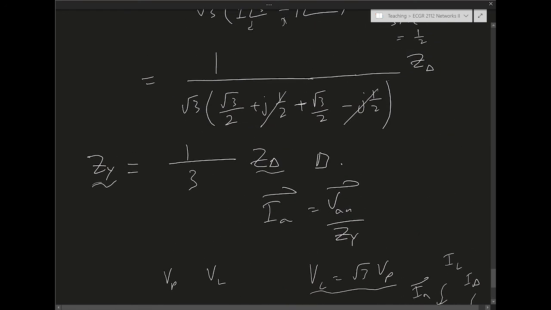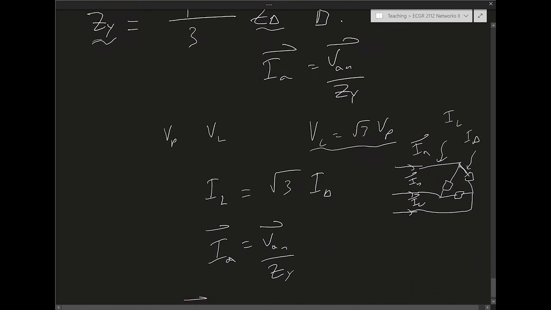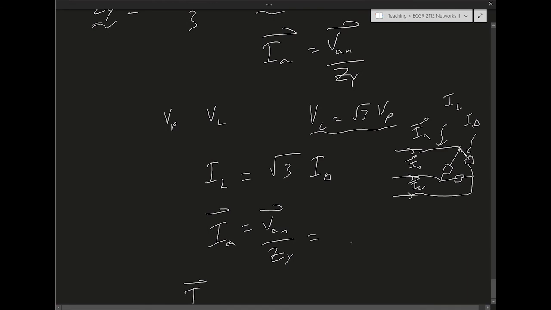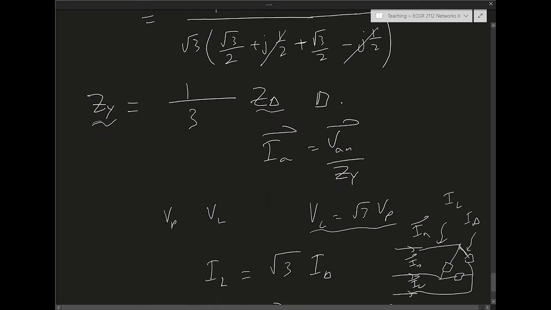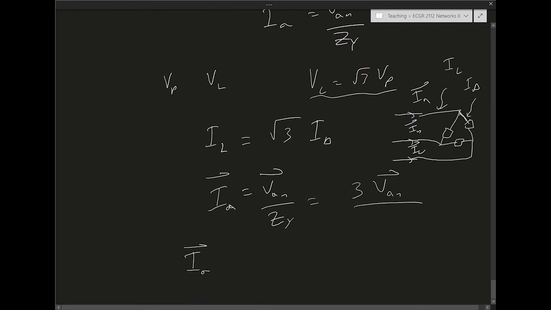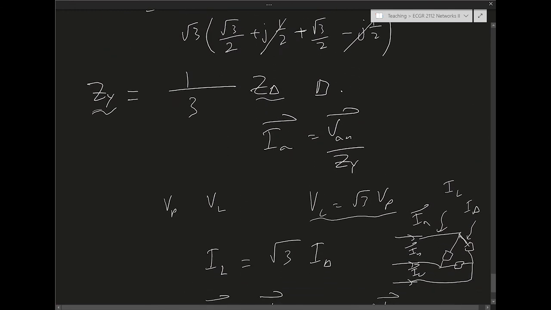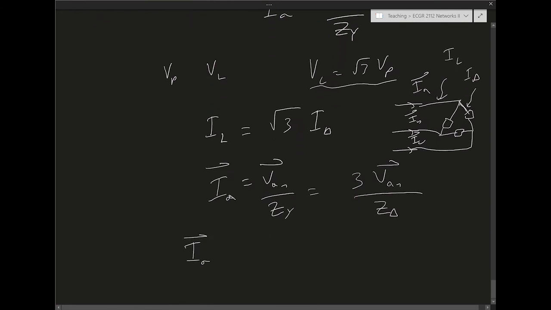We said ZY is one third of Z delta, so it's going to be VAN over Z delta over 3, that is, 3 VAN over Z delta. That's the relationship between ZY and Z delta.